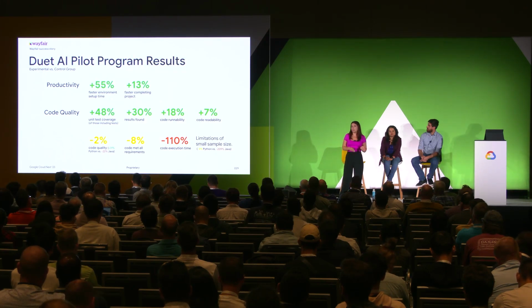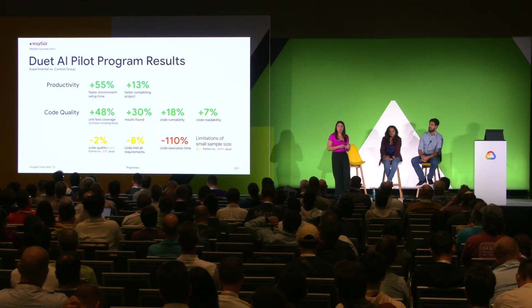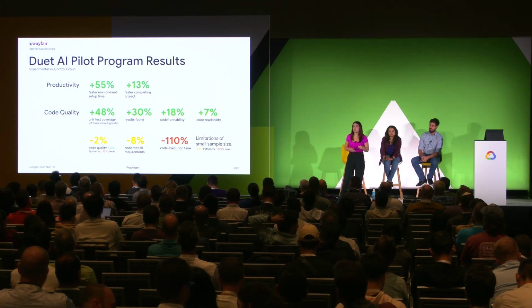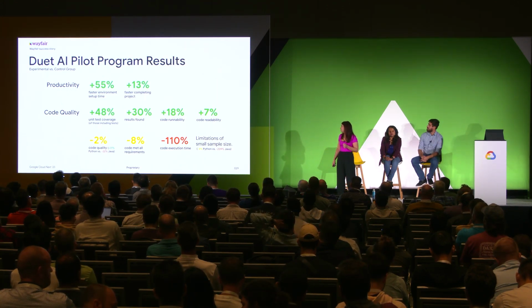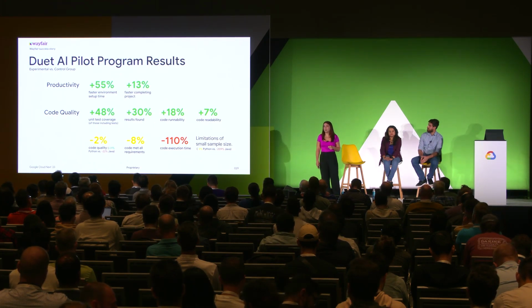The nature of the project involved finding a certain number of results. The experimental group ended up finding 30% more results than the control group. Also, due to the nature of the projects, not all of the code submissions were runnable as is on the code reviewer's laptop. So the experimental group using Duet AI had an 18% higher chance of the code actually being able to run.